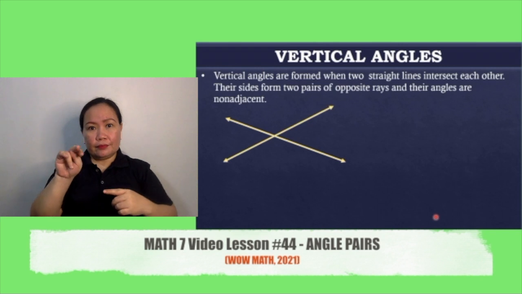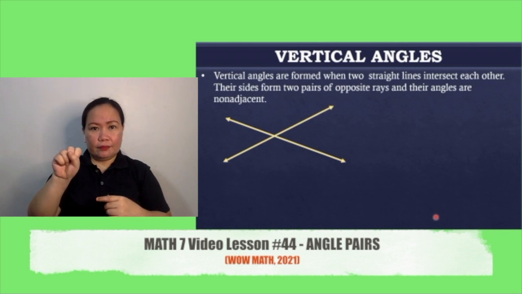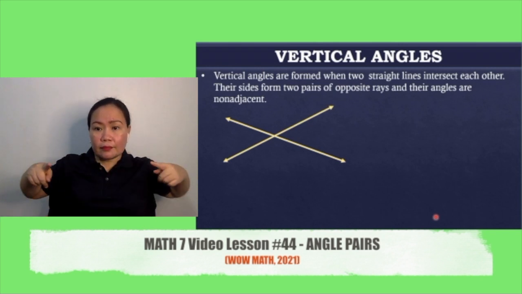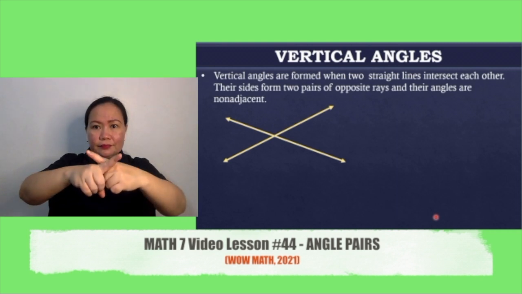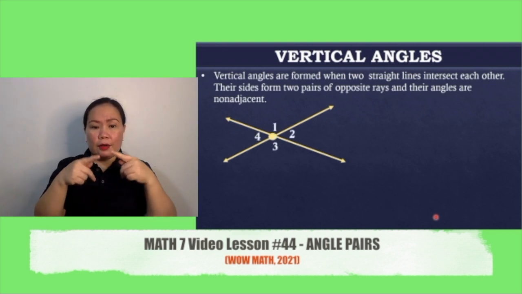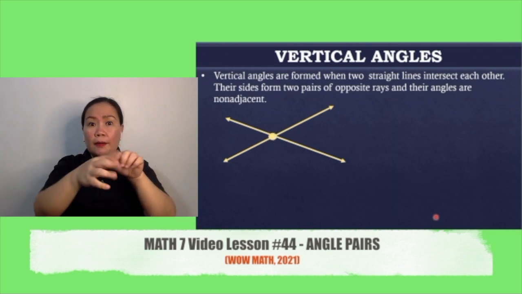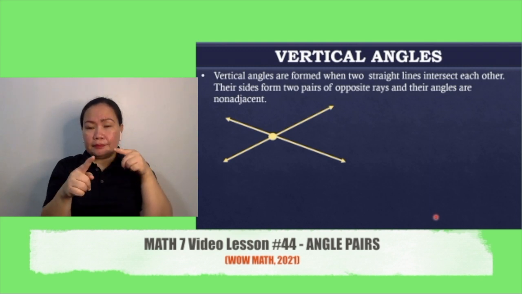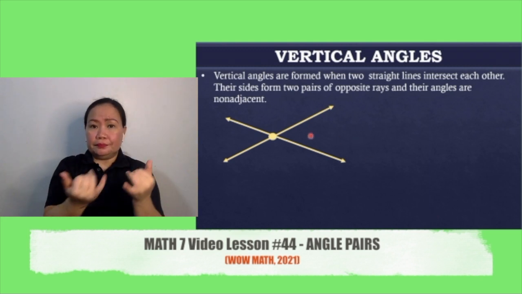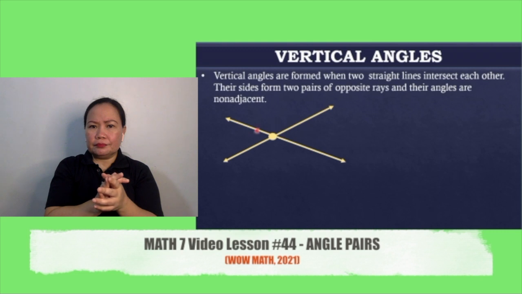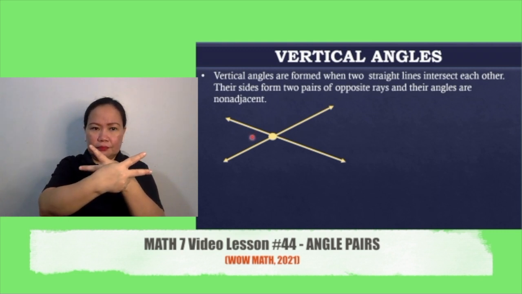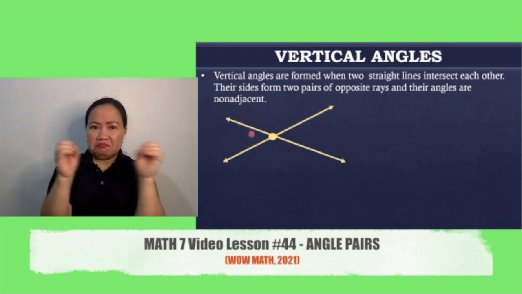So, kagaya po nito. Okay? So, kung nag-intersect yung dalawang lines natin, therefore, meron siyang point of intersection. Okay? So, meron siyang point of intersection. Now, isa-isahin natin. Kapag sinabi nating vertical angles, wala po silang common side. Okay?